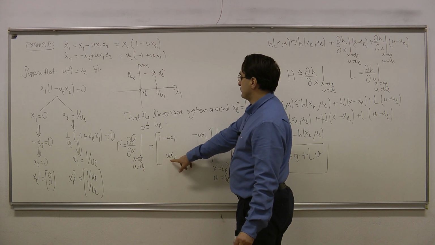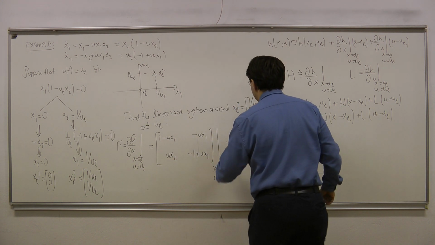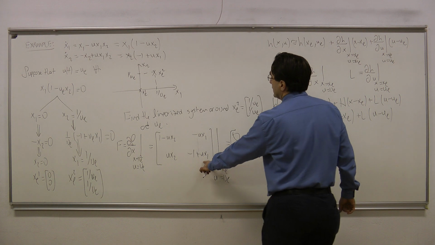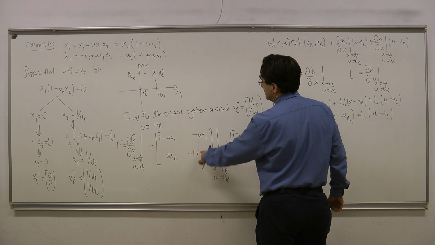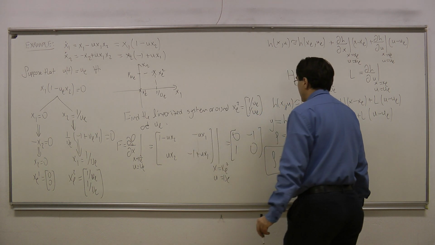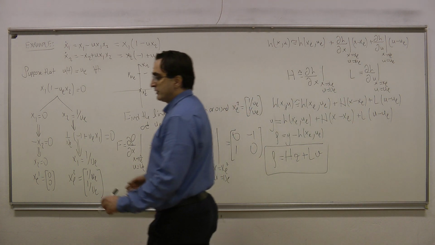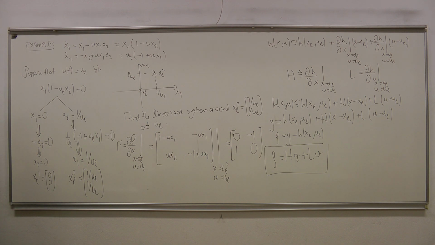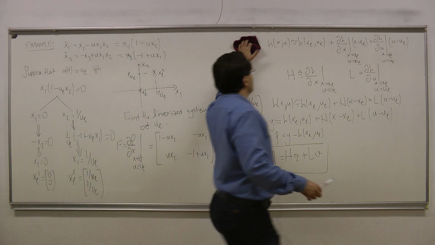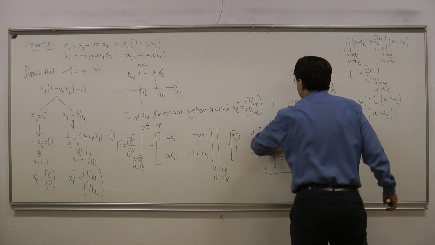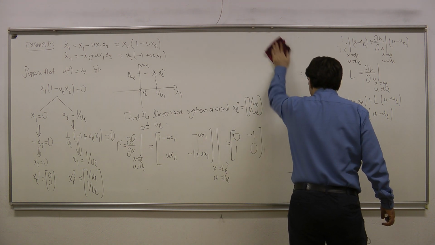And ue times 1 over ue is going to be 1. And this is going to be minus 1 plus 1 over ue times ue, that is 0. So you see that this F matrix really did not depend on the equilibrium input at all. But in general, of course, you can get equilibrium input dependence there.